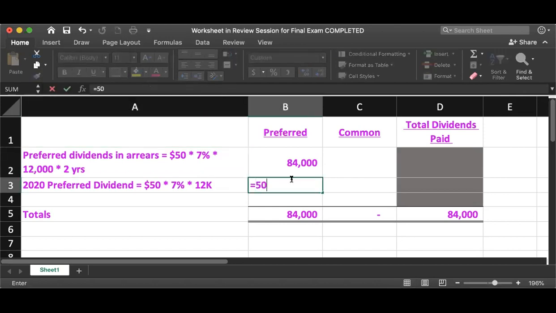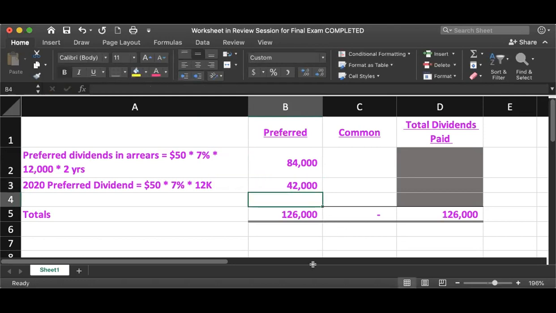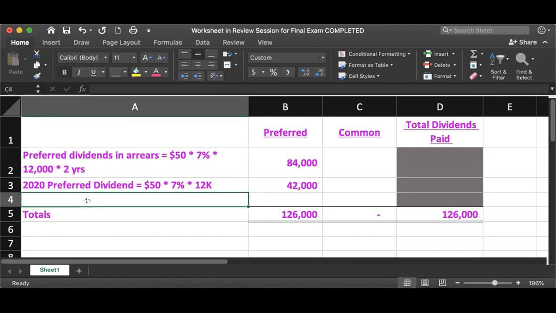So we have 50 times 7% times 12,000, and that is 42,000. So 126,000 has to be paid to the preferred shareholders before anything can go to the common shareholders when there is a cumulative preferred stock. In this case, that includes the dividends in arrears, or the dividends that had not been paid for the last 2 years.